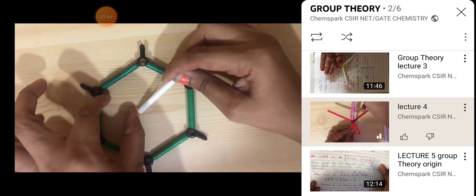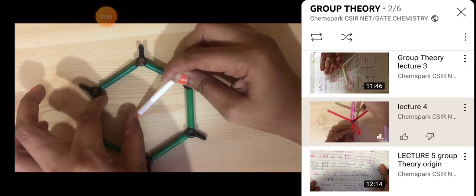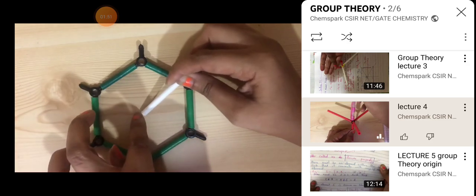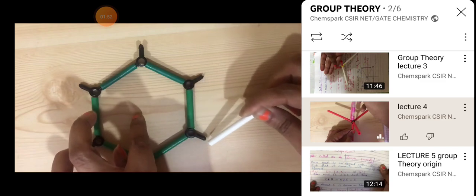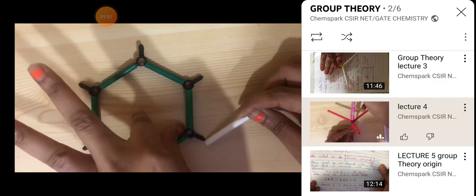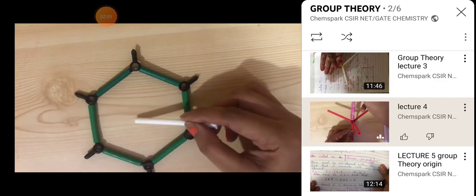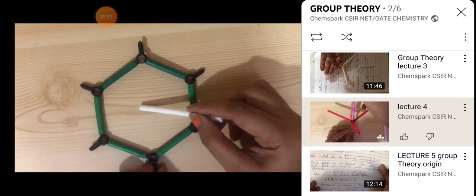I consider this as a particular distance, suppose m centimeter. If I travel to this carbon and this hydrogen, this distance is also m. So basically this point is called the center of inversion.